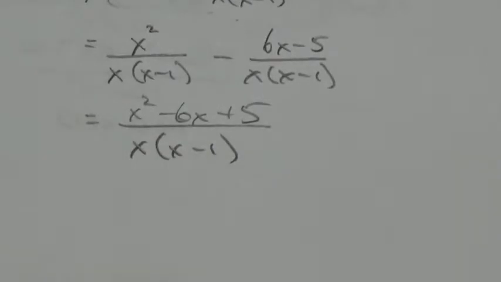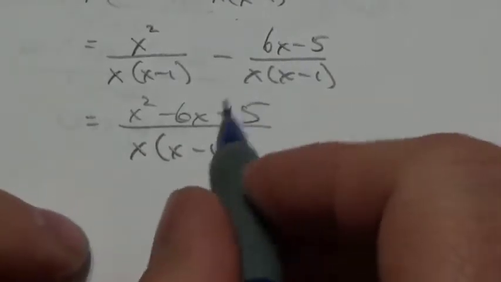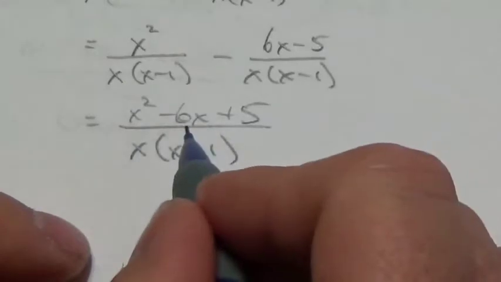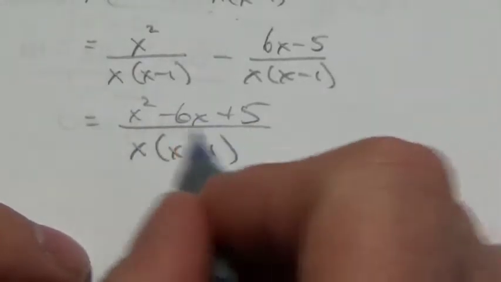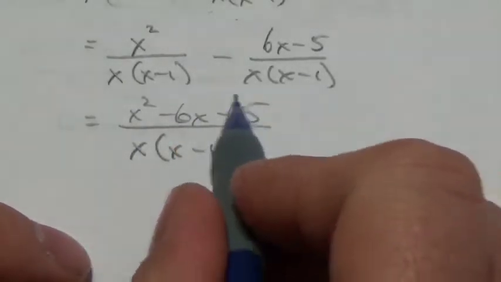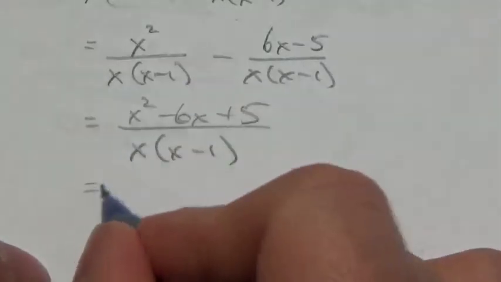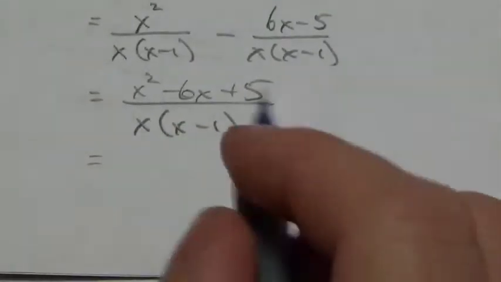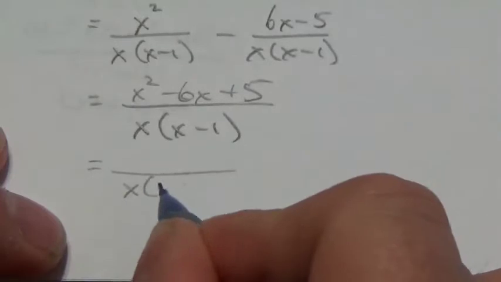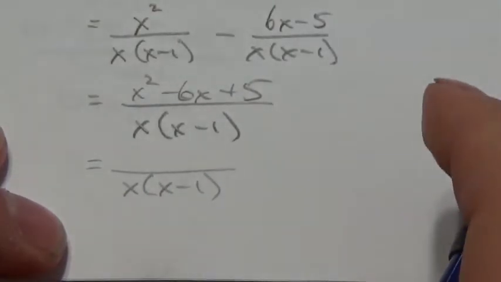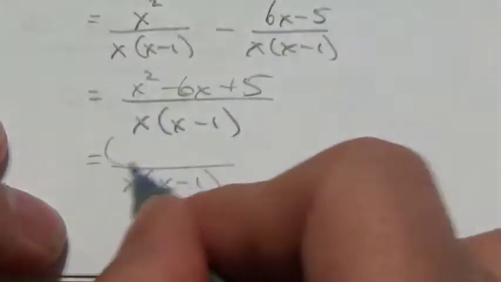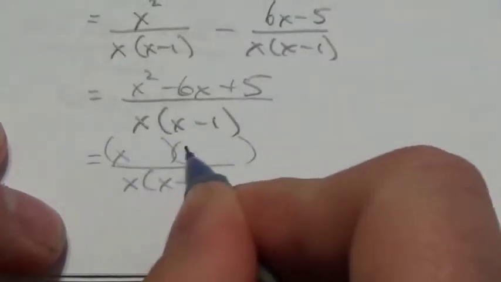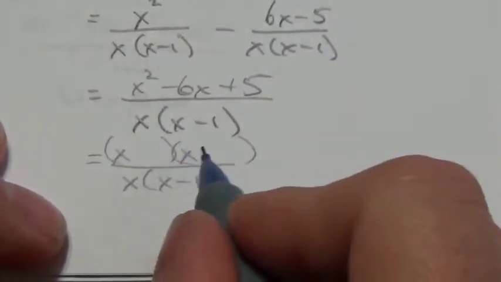Okay, now I'm in an interesting situation here. Can I factor that? I've got binomial factors down here. If you factor a trinomial, you get binomial factors. I might be able to simplify this. So again, I leave that denominator the way it is, because I might need to cancel something. My numerator will be x something, x something.